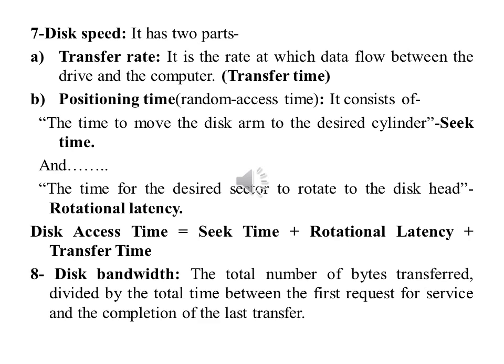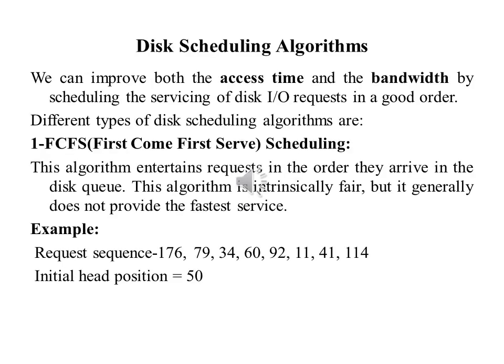So here we have learned many terms about disk structure, disk scheduling, and different rates like transfer rate, positioning time, and rotational latency. So students, till now we have learned about the need for disk scheduling, or IO request scheduling.